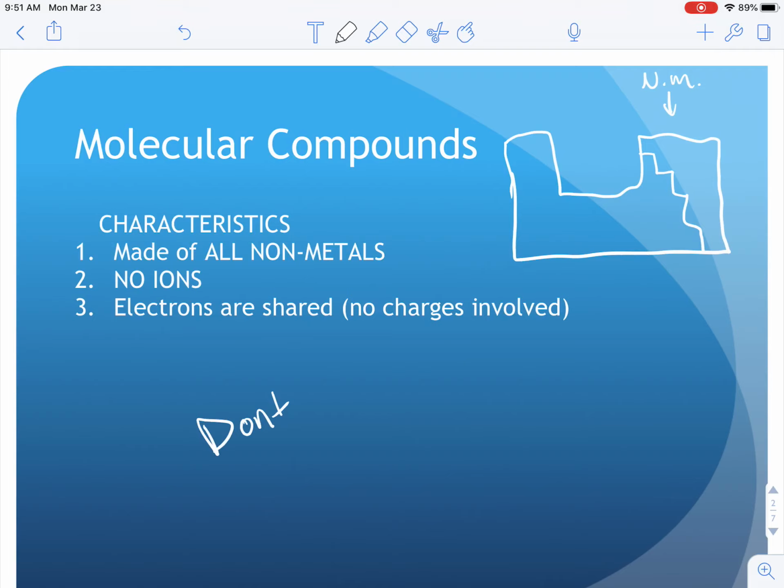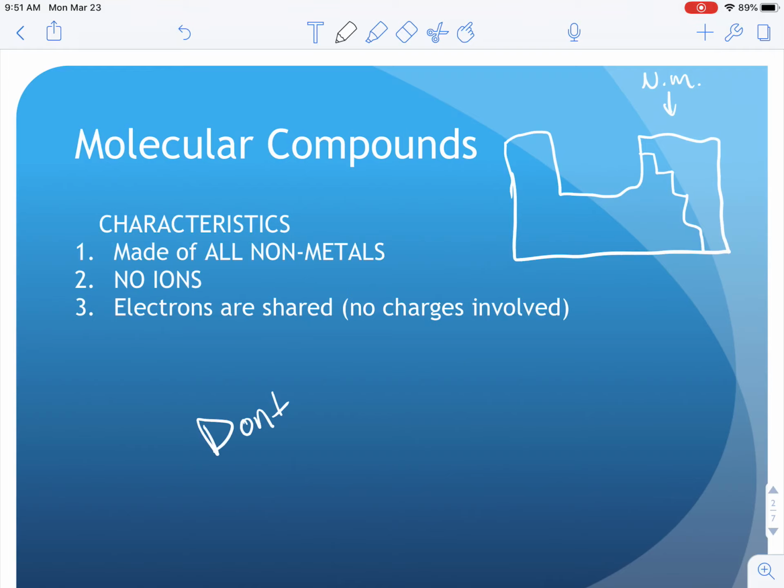The next thing we want to keep in mind is that there are no ions, so charges don't matter. All right, so you're not going to be worrying about having to balance out your charges. You're not going to have to worry about figuring out what charge each element is.